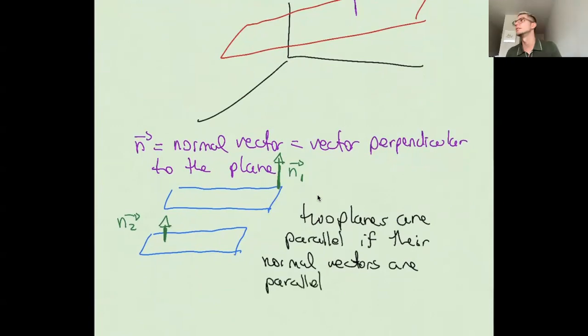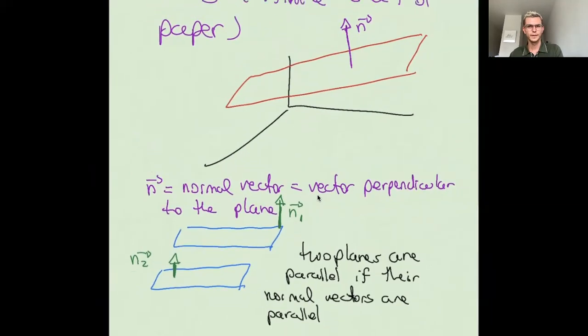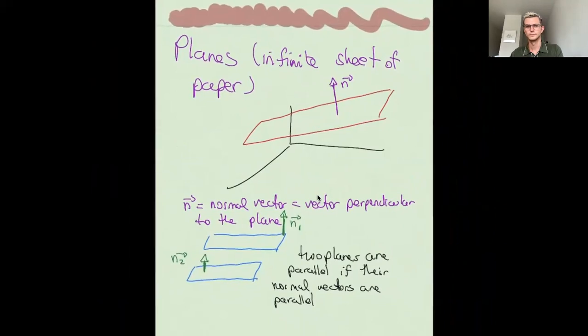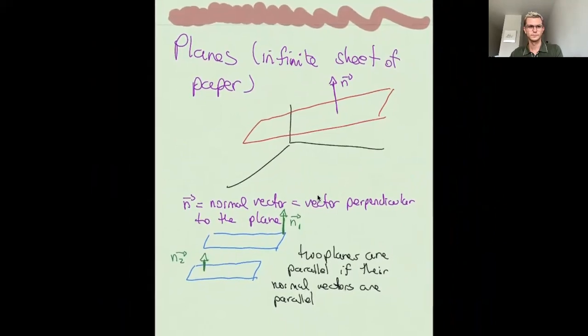It's a little bit of an overkill, but there's a quick way to check if two vectors are parallel. What can you do from things that we have learned in this class before? Yeah, the cross product.